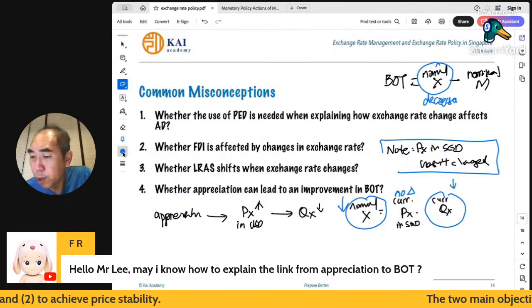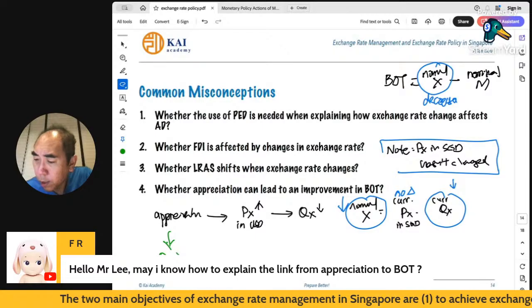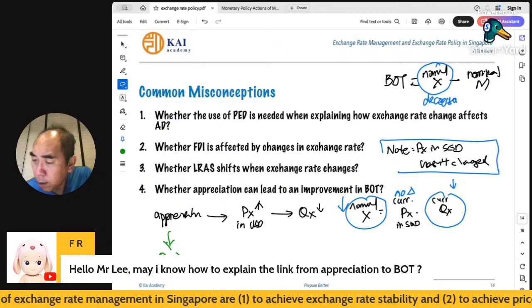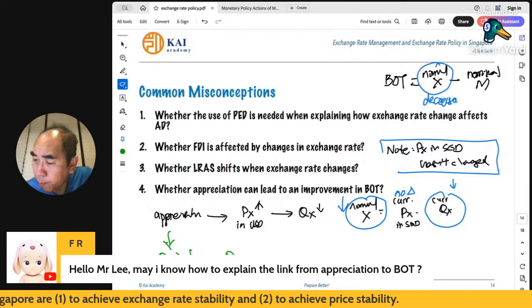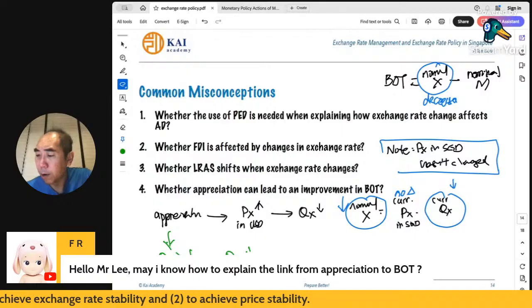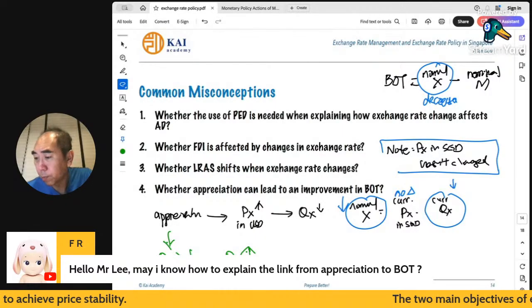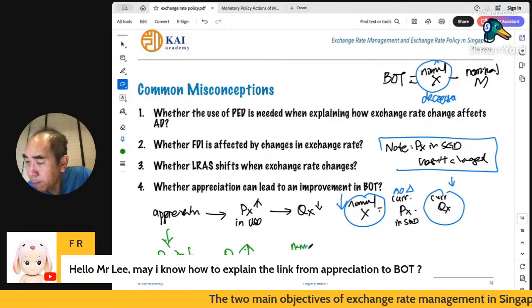So when you appreciate your currency, what happens to your M? When you appreciate a currency, price of imports in SGD falls. As a result, quantity of imports rises, sorry. So QM rises. So what happens to nominal M?